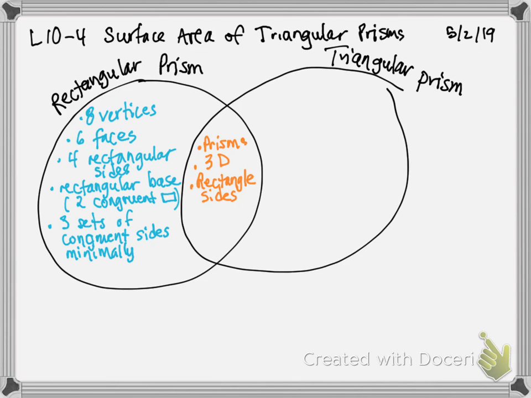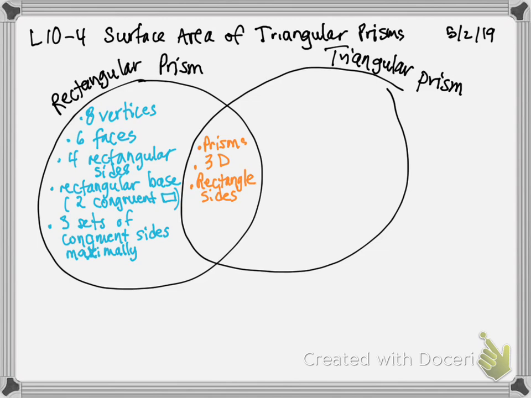Okay, and then if it was a cube, we would only have, or I'm going to change that word. It's not minimally, it's maximally, isn't it? Yep. Maximally. So there's no more than 3 sets of congruent sides. Okay, maximally. So if it's a cube, all the faces have the same exact area.